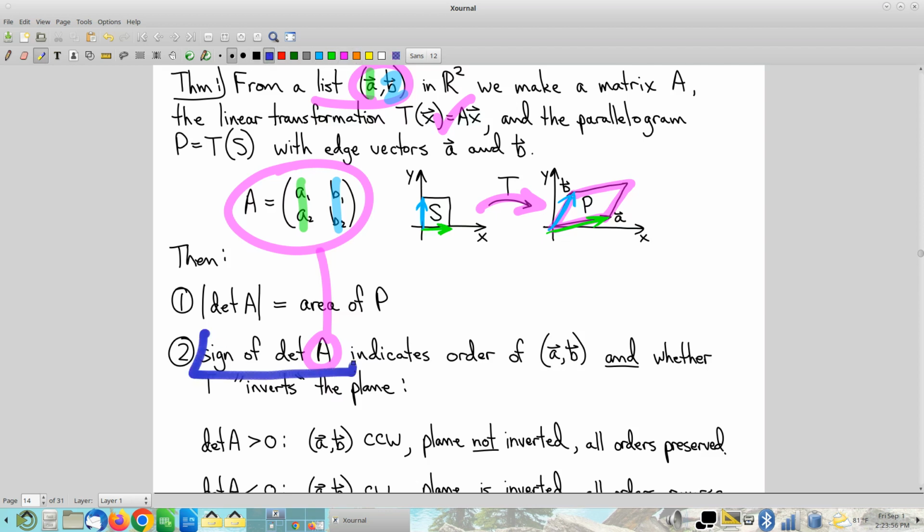The sign of that determinant, whether it's plus or minus, tells you about the order of the list, namely whether this is counterclockwise, as I've drawn it here, or possibly clockwise if these were different vectors. But whichever way it goes, whether A to B, this original list, whether that is clockwise or counterclockwise is entirely decided by whether the determinant is plus or minus.